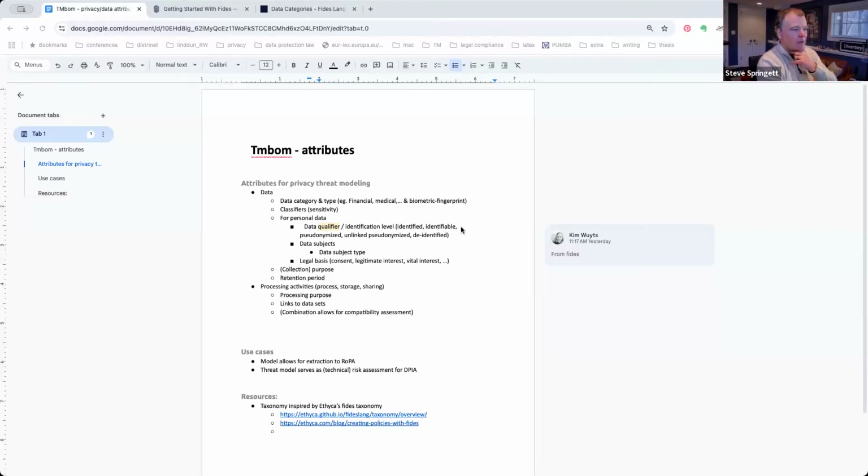Yeah, on the types, I kind of agree with you. It's probably going to be a massive list if we actually enumerated everything.